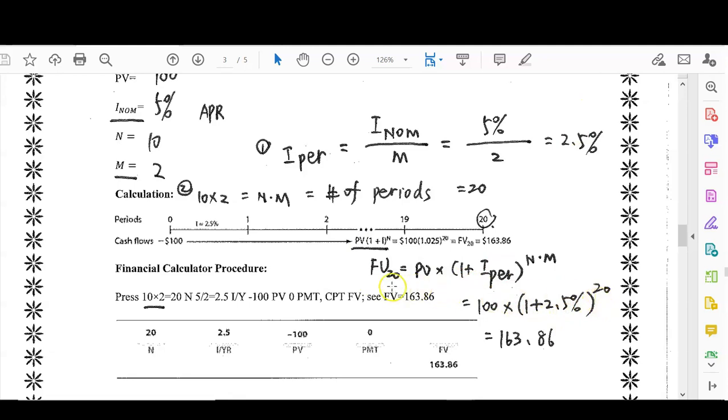So our future value of this 100 after 10 years, or after 20 half years, is 163.86. This timeline shows us exactly why we need to use the periodic rate and the total number of periods, because this initial 100 would be compounded 20 times at semi-annual frequency.